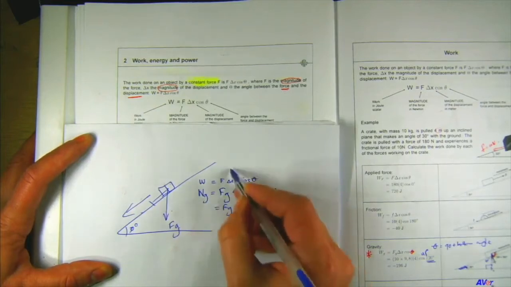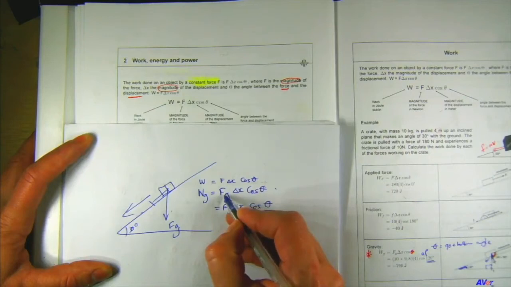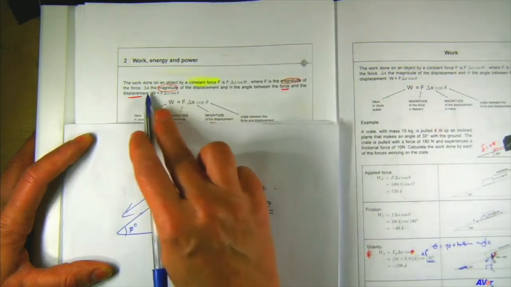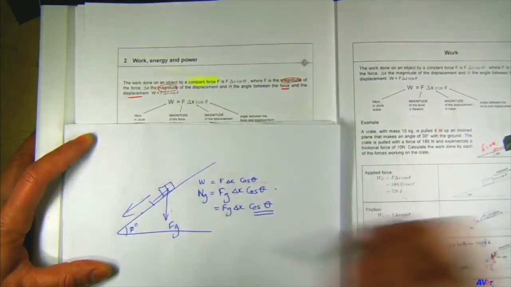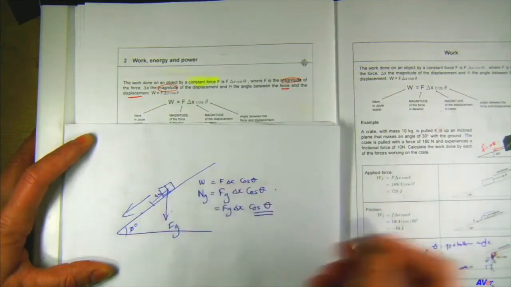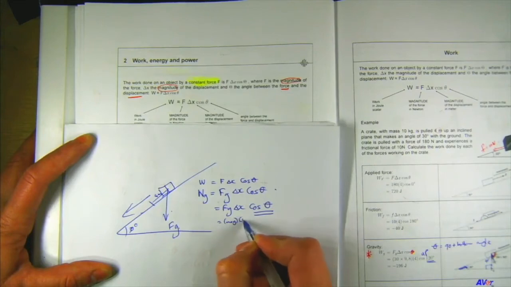So the force must be the gravitational force, m times g, right? And then delta x is the displacement, but just the magnitude of the displacement. So there's no plus or minus. If I am moving it 4 meters, then you have to put in there m times g, 4 meters.